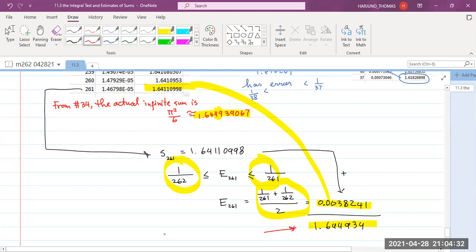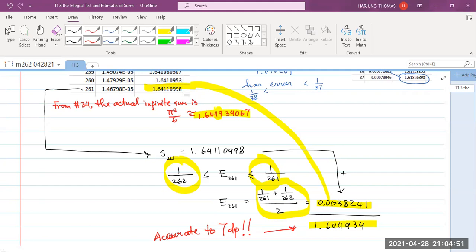Actually, I can say accurate to 7 decimal places. Basically, you can do a correction after you get the sum.